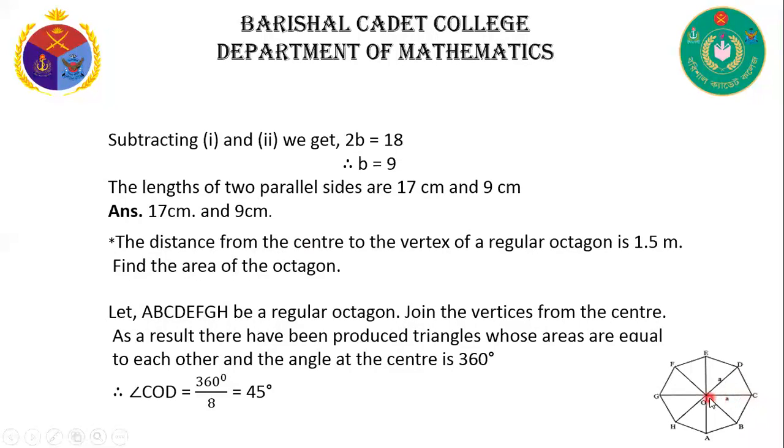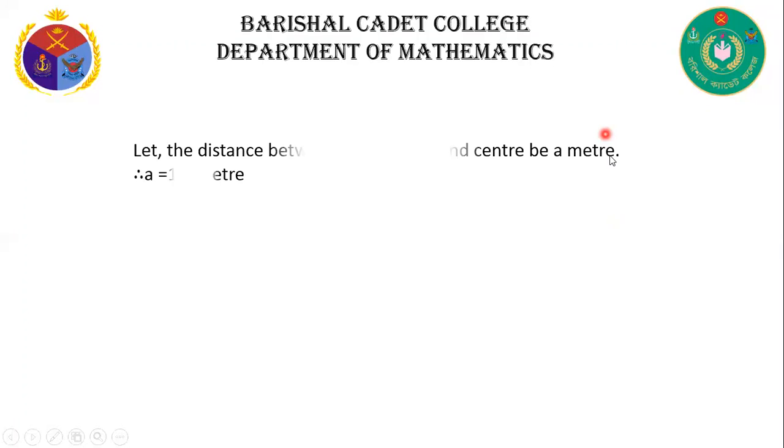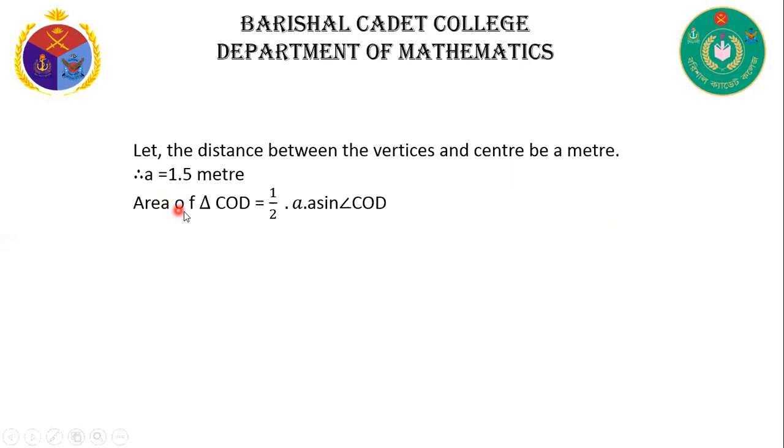Here let A be this portion. So we can write A is equal to 1.5 meter. Now area of triangle COD is equal to half into A into sine angle COD, because we know that if two sides and the included angle are given, then the area of the triangle is half into side into side into sine of the angle.